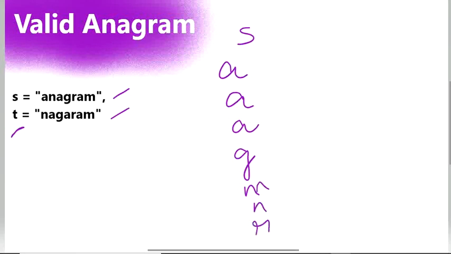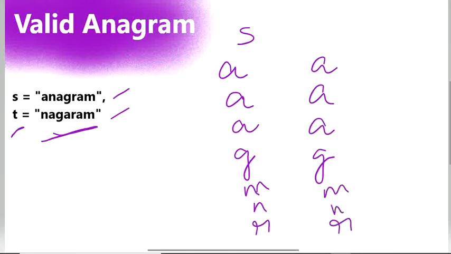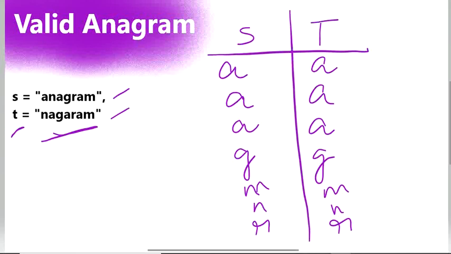If we sort s, it is going to become A, A, A, then G, M, N, and R. Again, if we sort the text t, it is again going to become A, A, A, G, M, N, finally R. So if you compare strings t and s, they are going to have the same characters at the same position because we have sorted the strings. In this case, if this matches, then it is an anagram. If not, it is not an anagram.